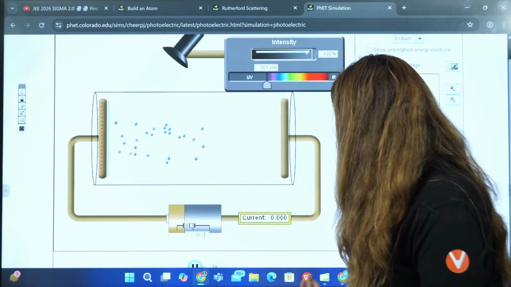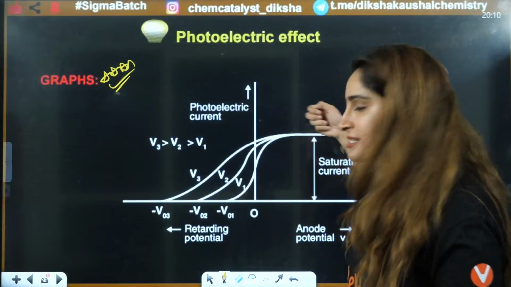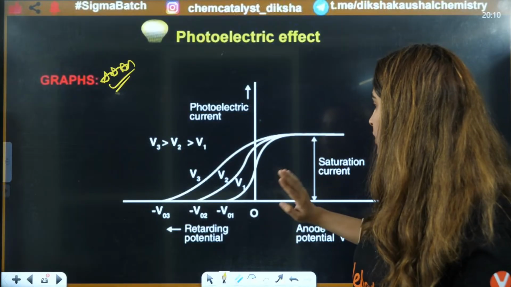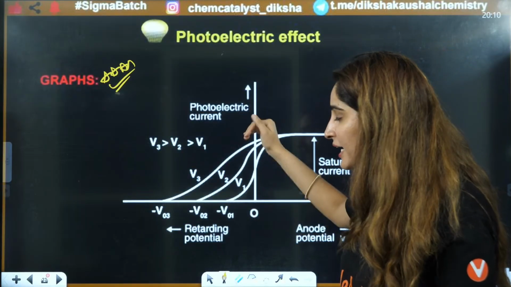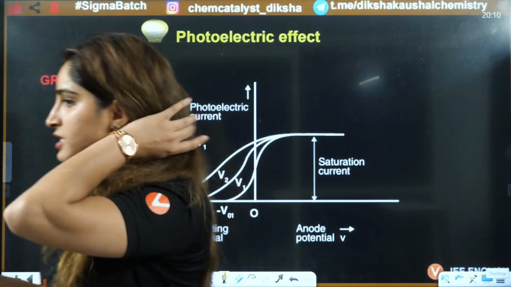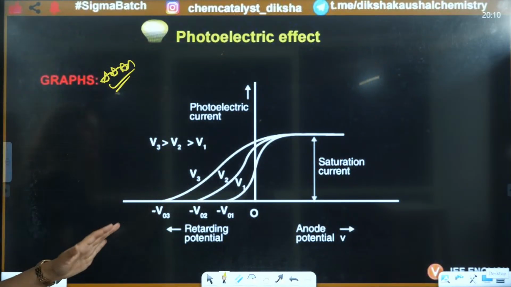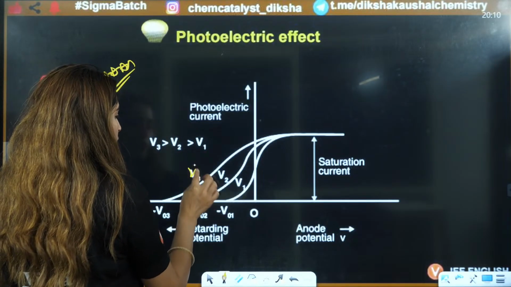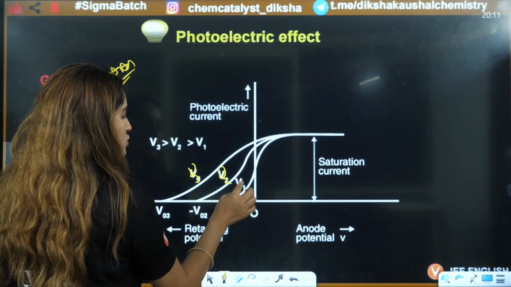Can you see that, students, that when you increase it, it remains constant almost, right? It has a saturation current. But when you retard it, it will start decreasing, right? Okay? Okay, everybody. This also they can ask you. This is mu3, this is mu2, this is mu1.